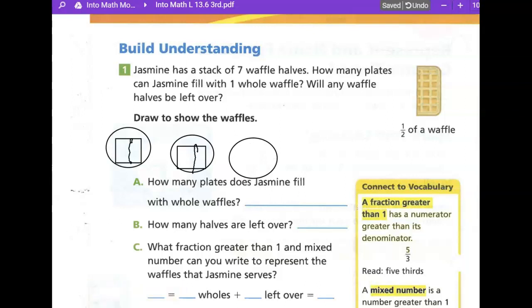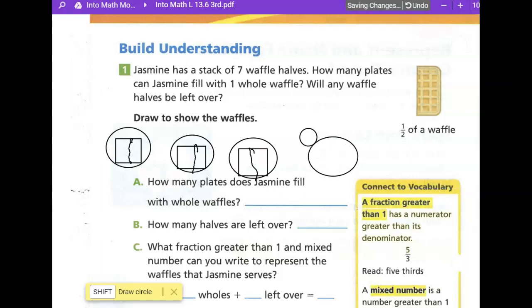So we have 2, 4, and this time we can draw another whole waffle on there, and that makes 6 halves. And then we have 6, so we can have one more plate, but is it going to be full of a whole waffle? Are we going to have a whole waffle on this plate?